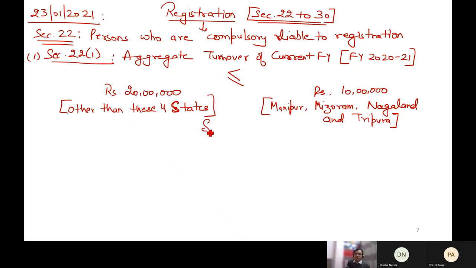So aggregate turnover, supplier. And where he has to apply for registration, where to apply?